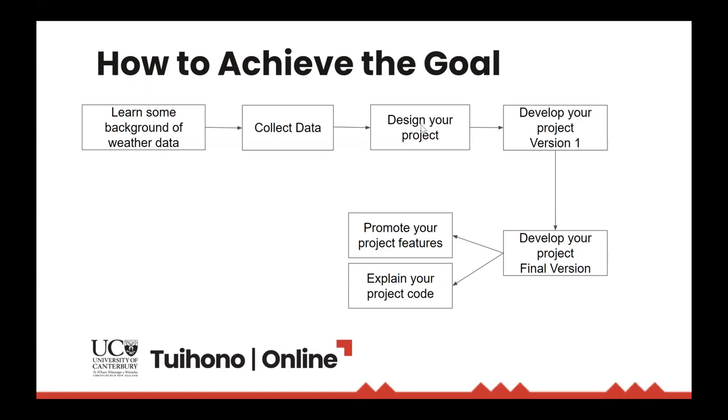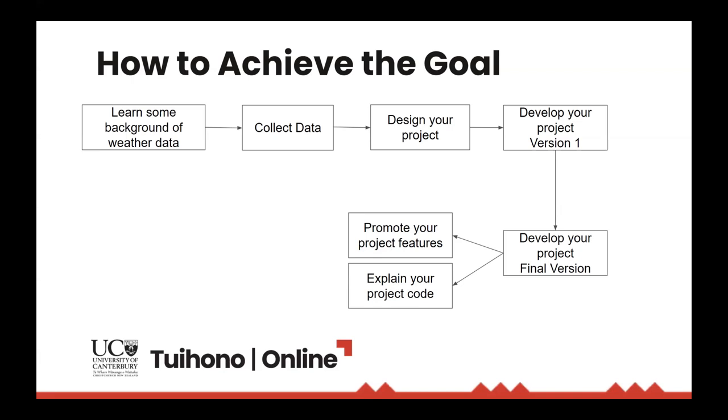Make a milestone for your project. Then you begin to develop. We will iterate over the projects. First, we will develop version 1 of the project. Second, we will iterate on it and release the final version.